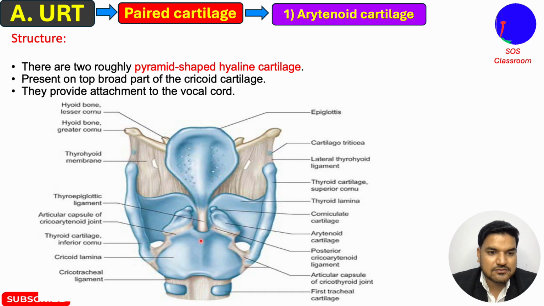Just above the broad part of the cricoid cartilage are the arytenoid cartilages. They provide attachment to the vocal cords. So what is the function of the arytenoid cartilages? Attachment for the vocal cords.